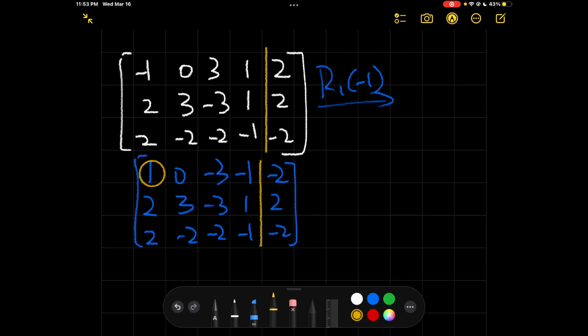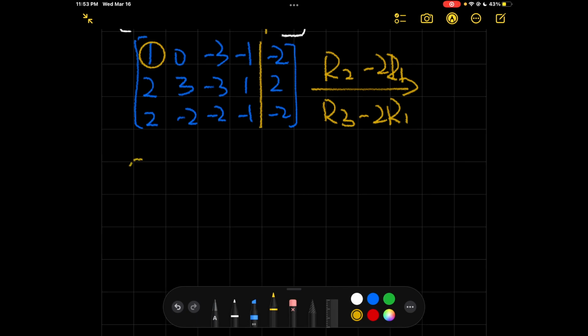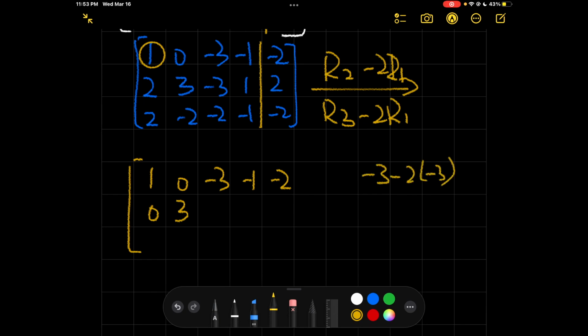Now we have a pivot point. Now what we can do is row 2 minus 2 row 1, and row 3 minus 2 row 1 as well. Now we can get: 1, 0, negative 3, negative 1, negative 2; then 0, 3, and negative 3 minus 2 times negative 3, which is negative 3 plus 6 is 3. 1 minus 2 times negative 1 is 1 plus 2, which is 3 as well.